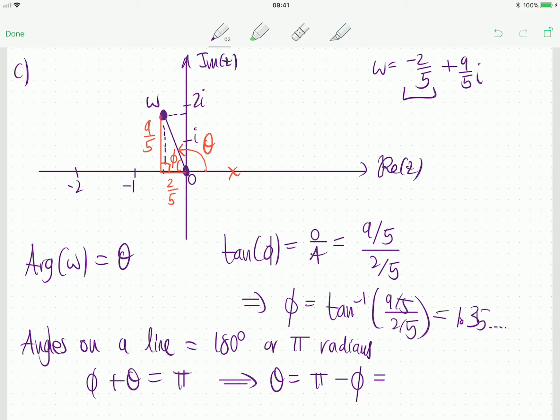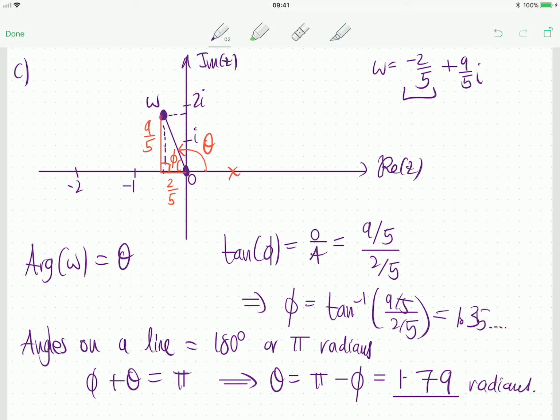So I'll put straight into my calculator, pi take away 1.35, and I find the argument is 1.789, and so on. Let's call that 1.79 radians. Okay, so there's your angle, 1.79 radians.